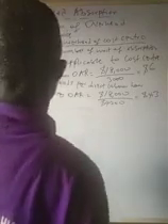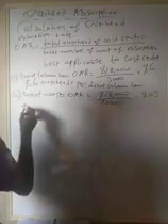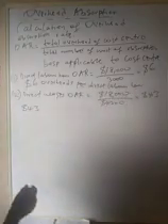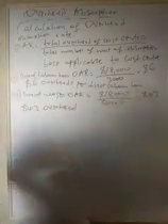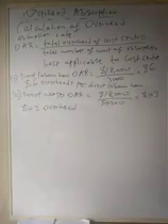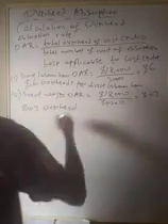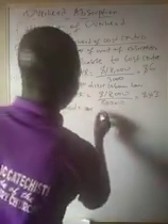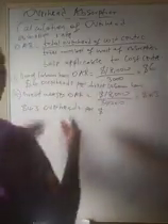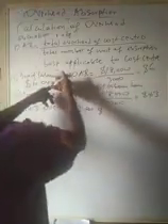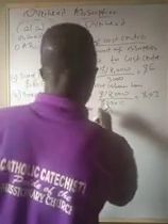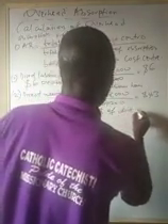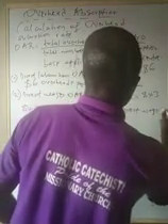That is 4.3 overhead per dollar of direct wages, not per direct labor hour, because here we are talking about wages, that is per $1 of direct wages.